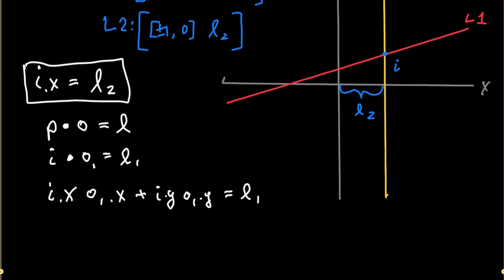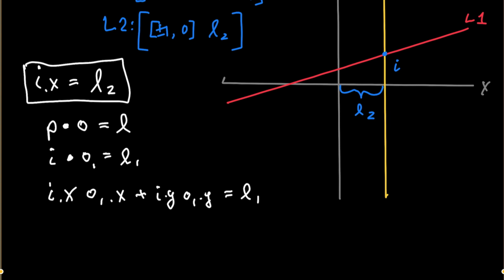Okay, that's just taking this dot product and expanding it out into its scalar multiplies and adds, right?